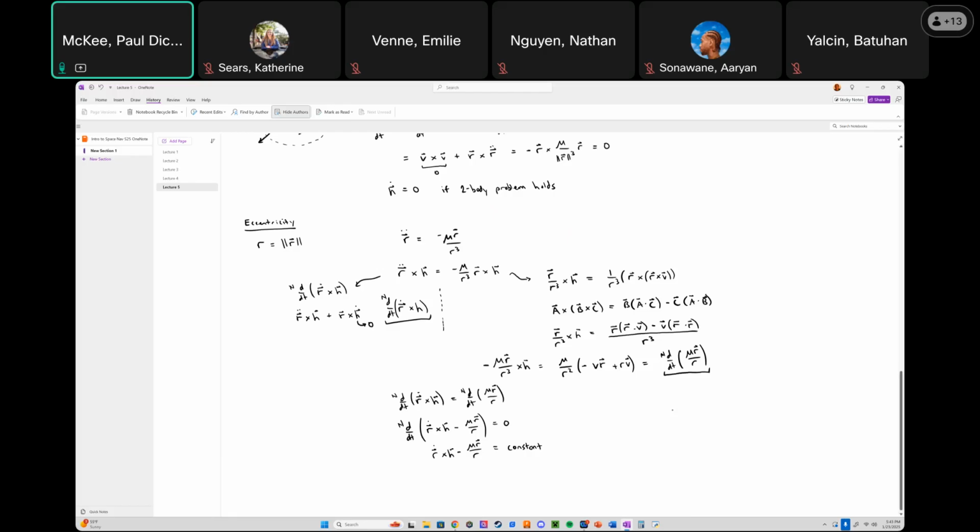And actually, whatever that constant value is, we are going to define it as some term c, and c is a vector. Okay? But now it stands to reason that if c is a constant, then c over mu is also constant.